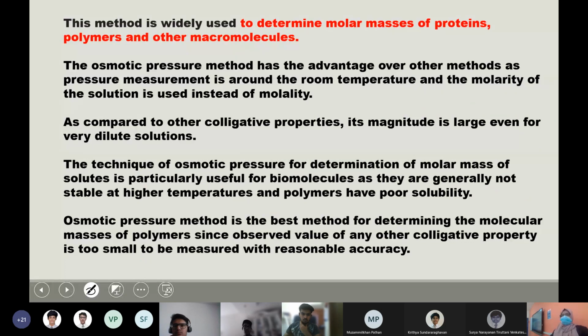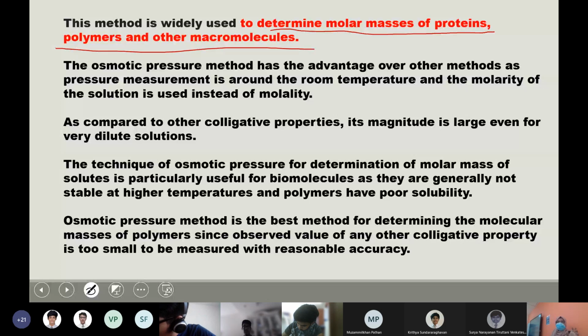So this is one of the board exam questions. What is the advantage of the osmotic pressure method in determining the molecular masses of proteins, polymers and other macromolecules, biomolecules? They are heavy. So to deal with such kinds of particles as a solute, we use osmotic pressure rather than depression of freezing point or elevation of boiling point.